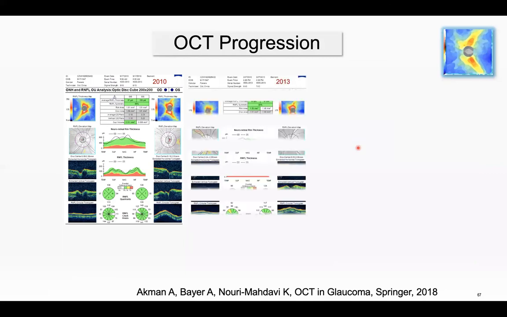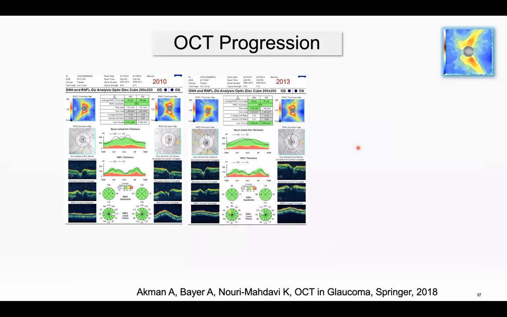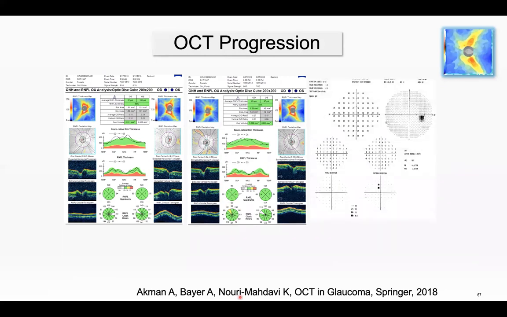In her 2013 OCT, there are just a few clues about glaucomatous damage, but it's nearly normal, green range, with only a dent here. You can see it here, and it's yellow. And the Humphrey visual field of the right eye was completely normal.